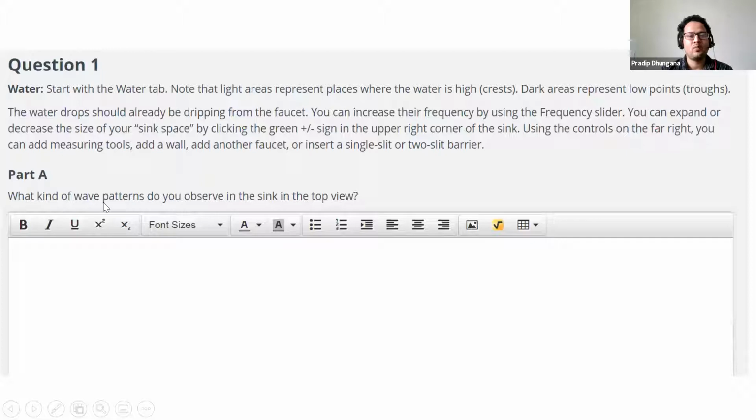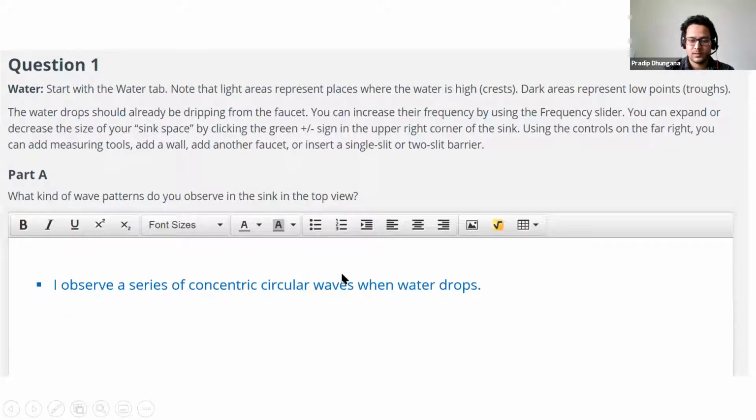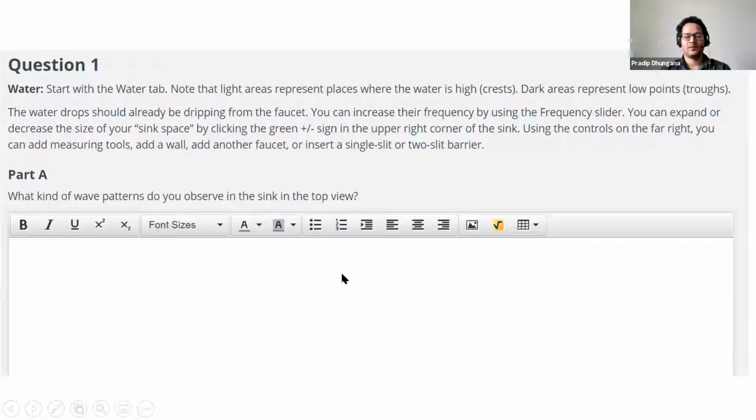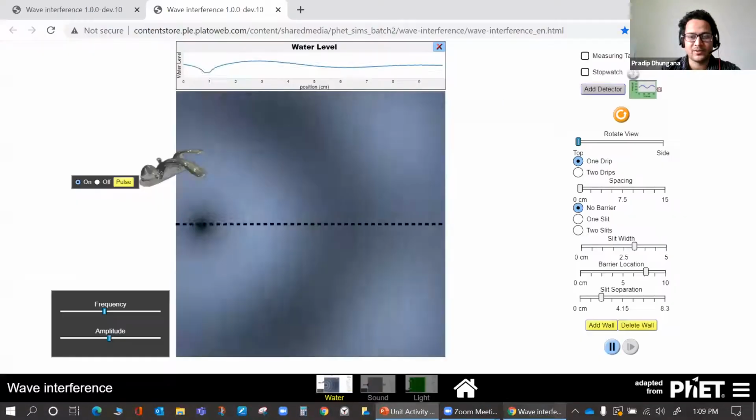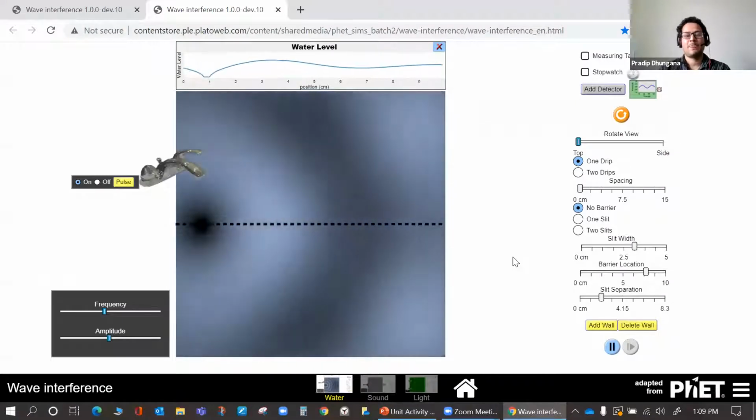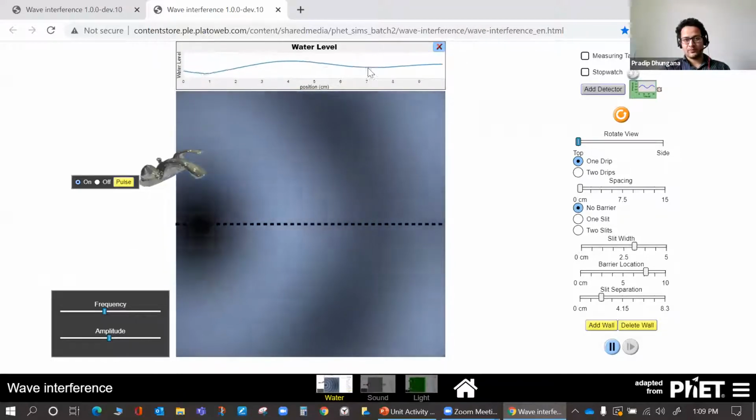What kind of wave patterns do you observe in the sink in the top view? So what kind of wave patterns did you see? Let's go back and forth. It's a little bit tedious to go back and forth. Look here, what did you see, and then observe from here as well.